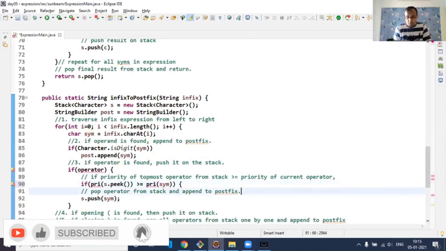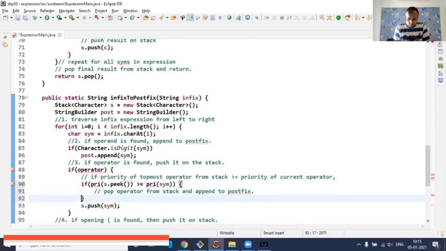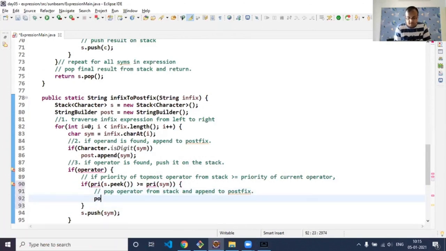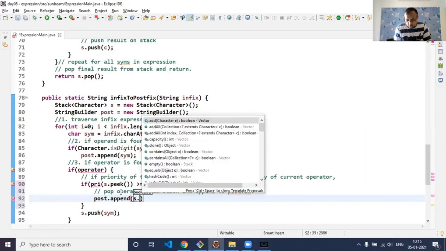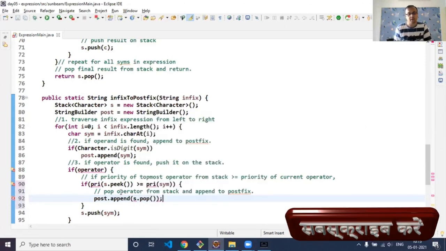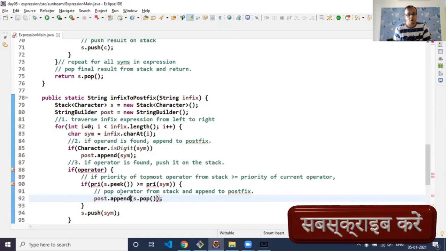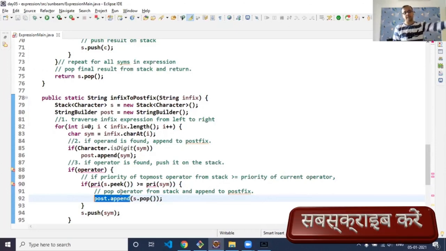You are saying that pop it and append it. So postfix.append and s.pop. आप उसको pop कर रहे हो, और pop करने के बाद में आप उसको append कर रहे हो.